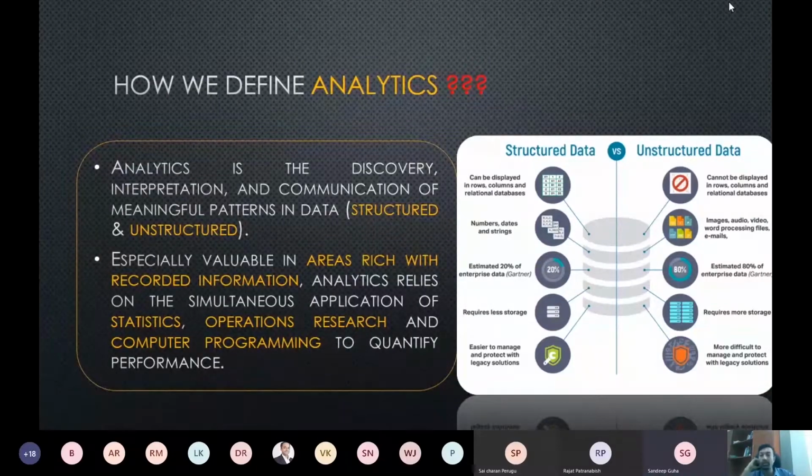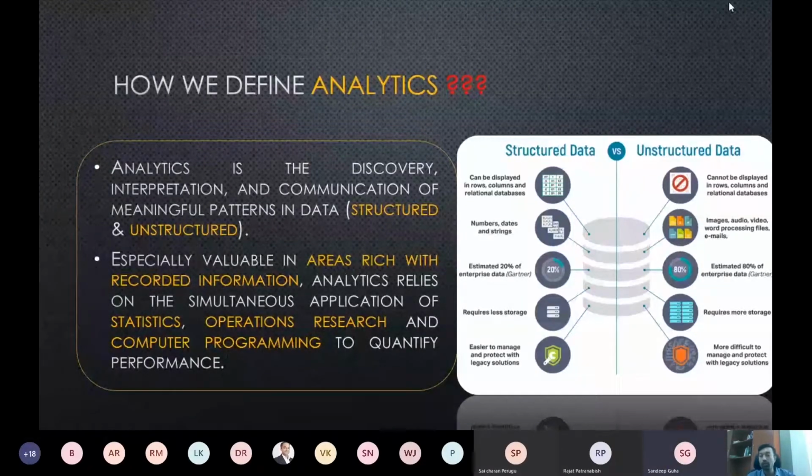Vis-a-vis, unstructured data can't be displayed like this, right? What kind of data can we keep in structured form? Numbers, dates, strings, etc. And in the case of unstructured, it could be images, audio, video, maybe some sort of feedback which we receive from our customers or clients. That is unstructured data.